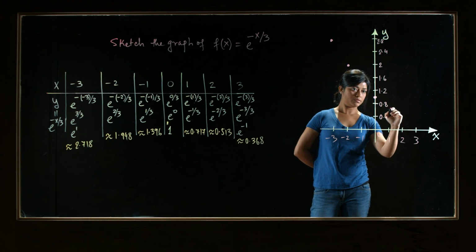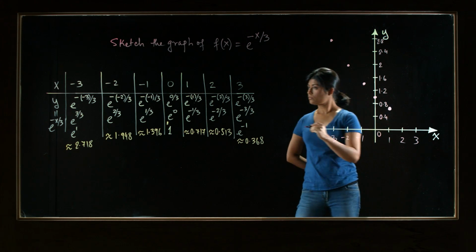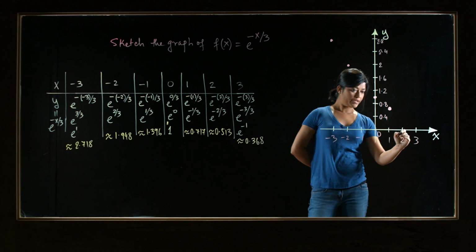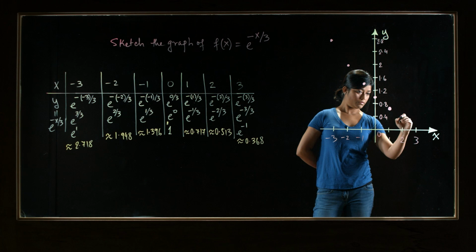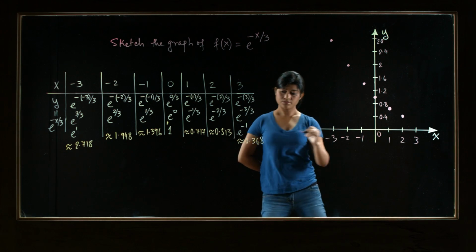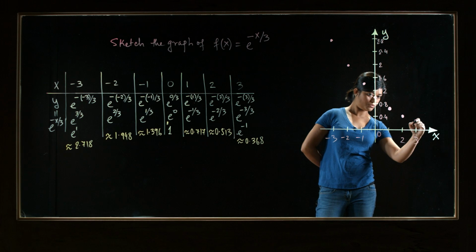1 and 0.7. 2 and 0.5, and 3 and 0.4 about.